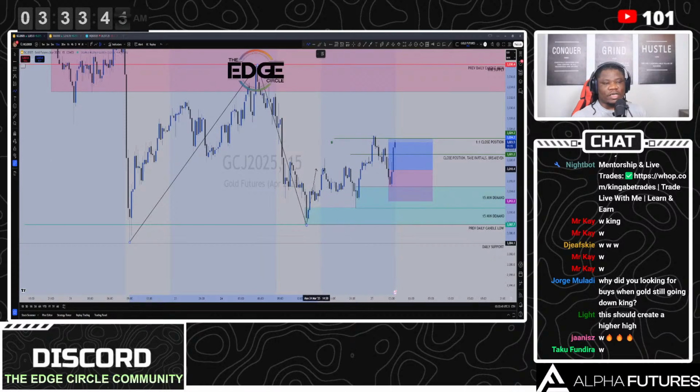Right, we have a minor BOS, and first off, when we created this minor high, we came down and created another support. This support is higher than this order-filled support to the left. So you have three supports formed, each higher than the previous support.